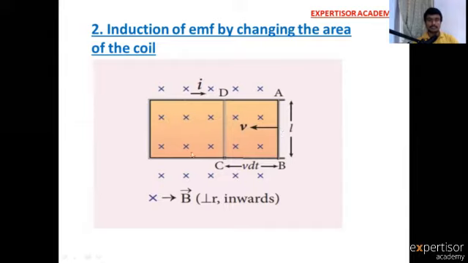In this conductor, I is the current passing through it. The distance traveled by the conductor of length L is V into dt, where V is the speed of the moving conductor.